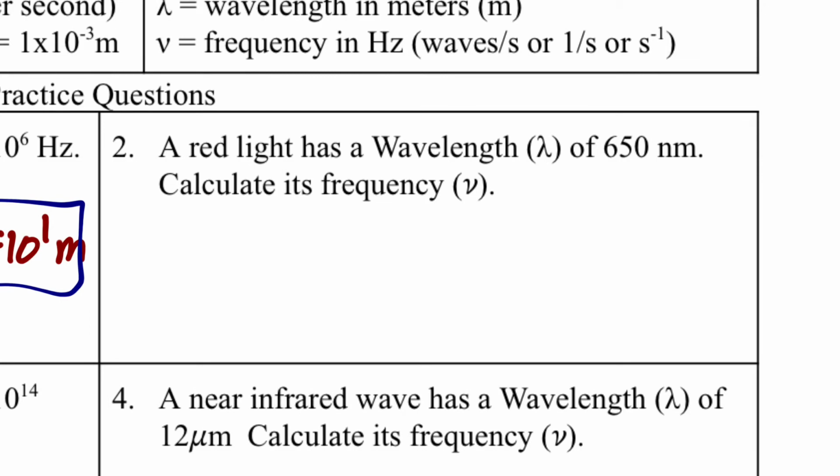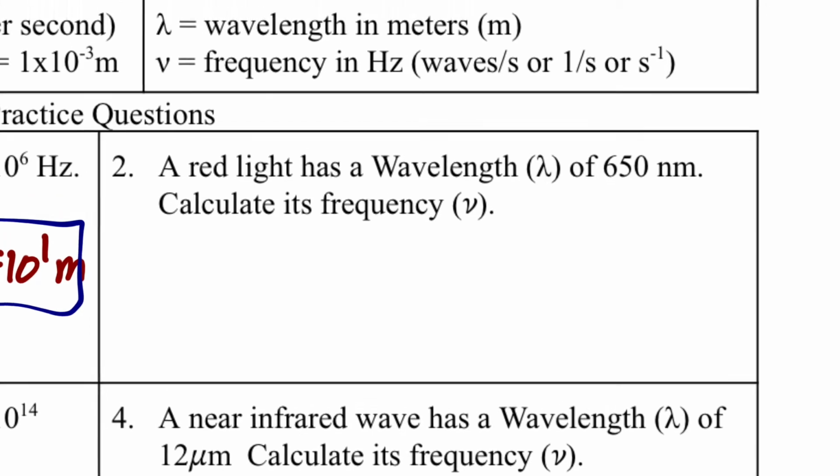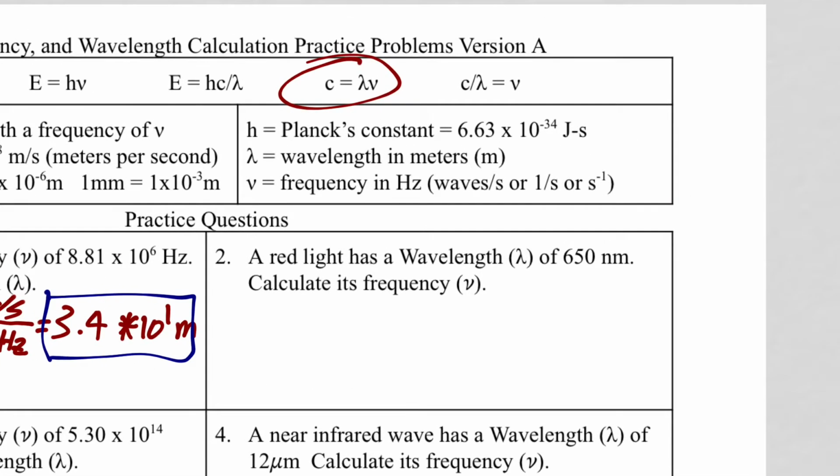Over here on question number 2, this one is a little bit different, where you are given the wavelength, lambda, in nanometers. That's going to be a problem because we want to convert that to meters in order to continue with the calculation. You have the wavelength and you need to find the frequency.